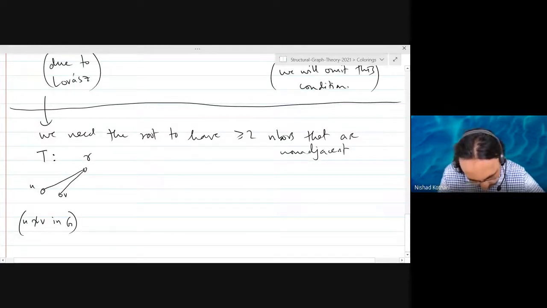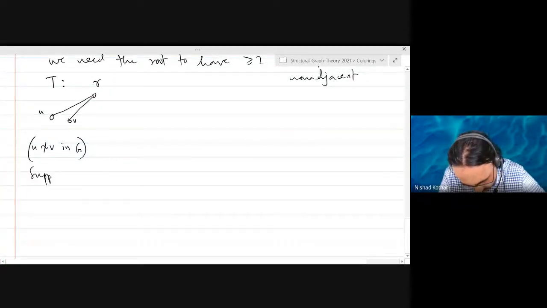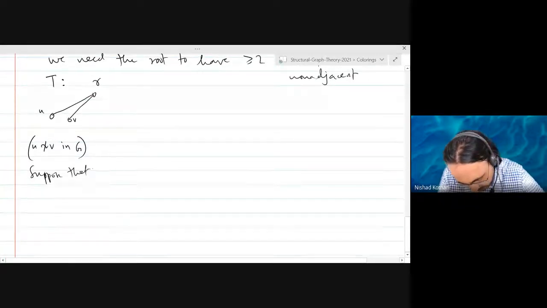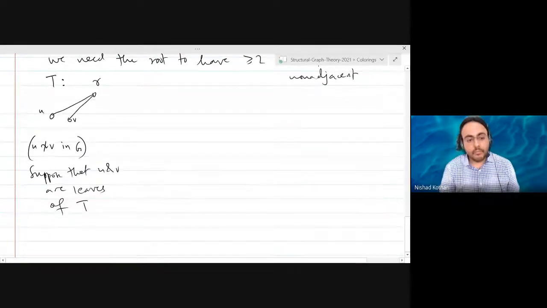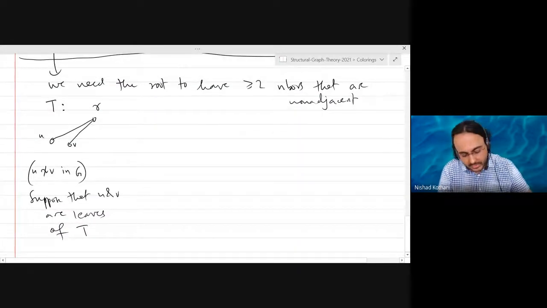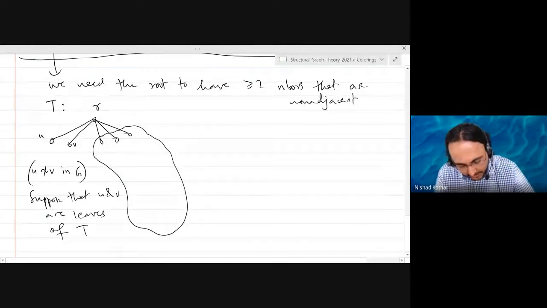So suppose for the time being that U and V are leaves of the spanning tree. Okay? What does that mean? That the rest of the spanning tree is all contained here, right? All the vertices of the graph except for R, U, and V are in this part.